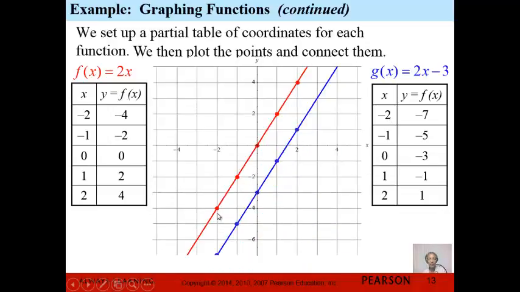And the red points are the 5 ordered pairs for f of x. Negative 2, negative 4. Here x is negative 1, y is negative 2. Here x and y are both 0. Here x is 1, y is 2. Here x is 2, y is 4. So remember, this is a partial table.